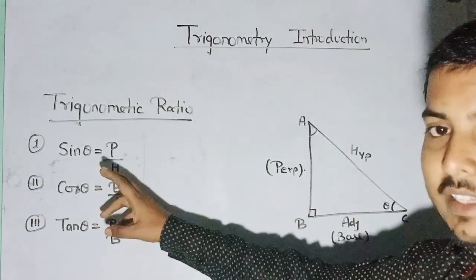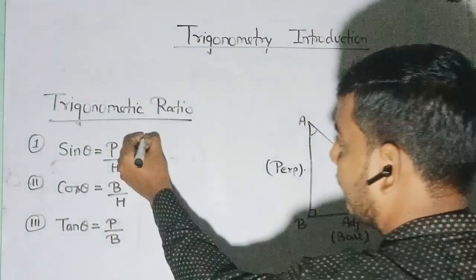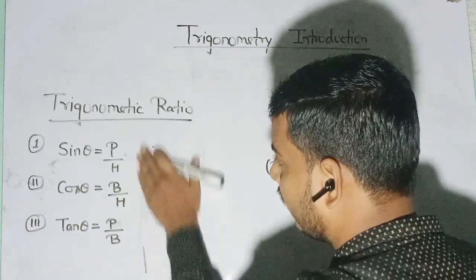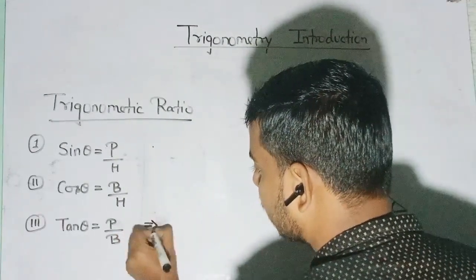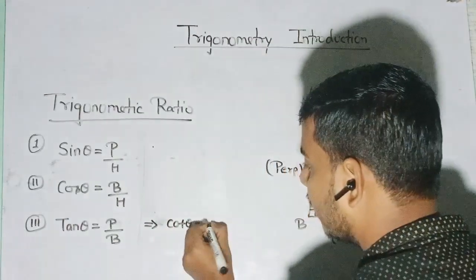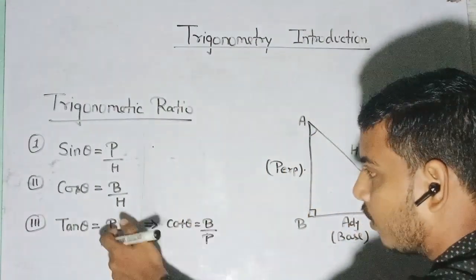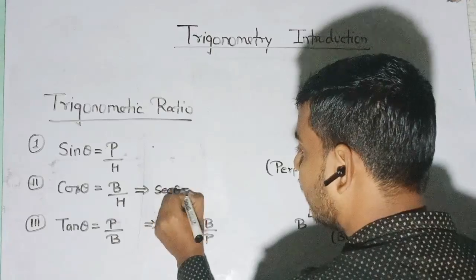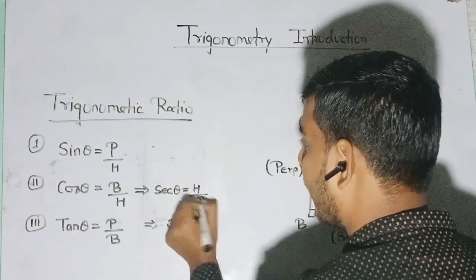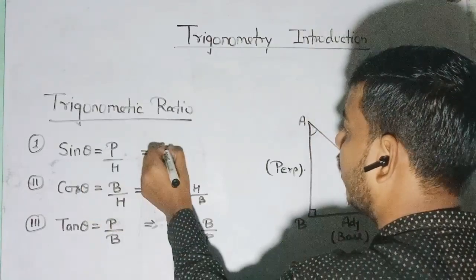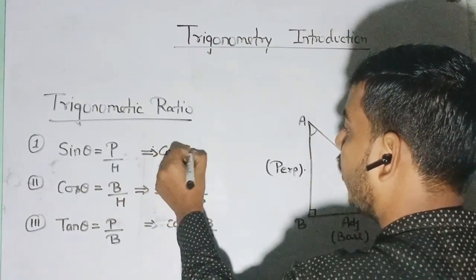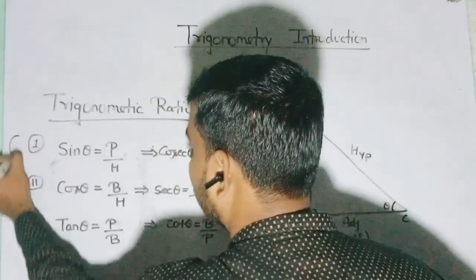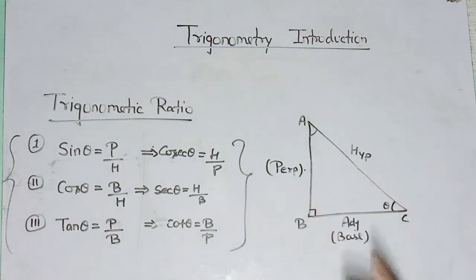Now if we take the reciprocal of these three ratios, the reciprocal of tan theta is known as cot theta, that is nothing but B by P. The reciprocal of cos theta is known as sec theta, that is H by B. Okay, and the reciprocal of sin theta is cosec theta, that is nothing but H by P. So these are the 6 possible ratios of a right angle triangle.